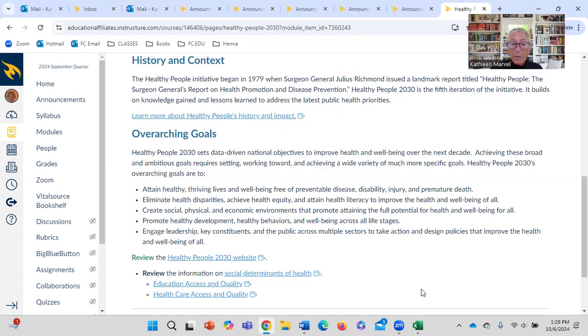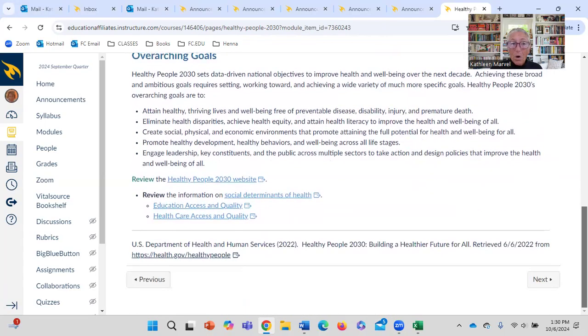Promote healthy development, healthy behaviors, and well-being across all life stages. And lastly, engage leadership, key constituents, and the public across multiple sectors to take action to help design policies that improve the health and well-being for all. They are intended to improve the health and well-being for all citizens.